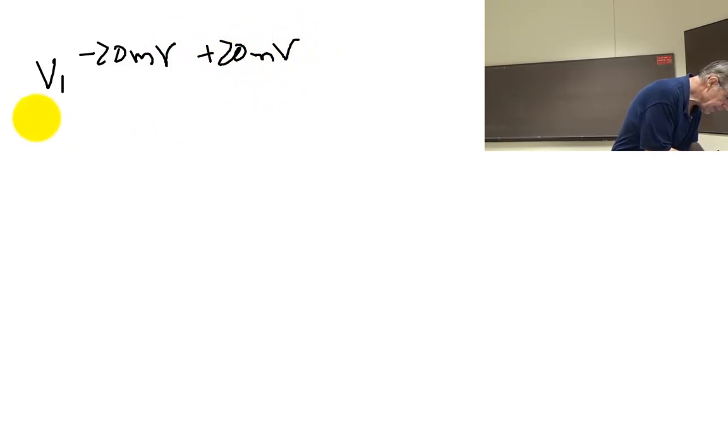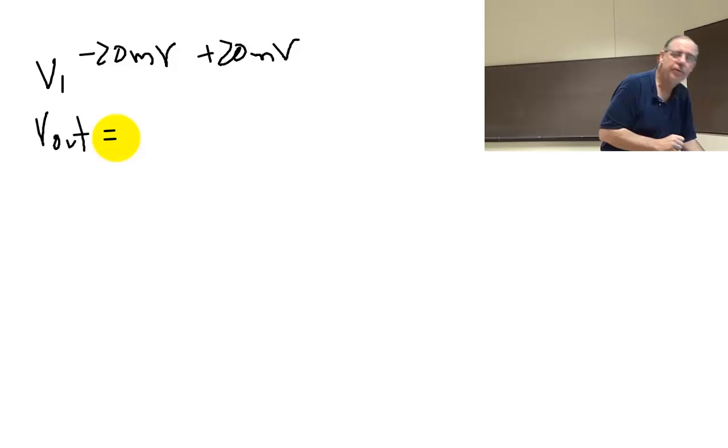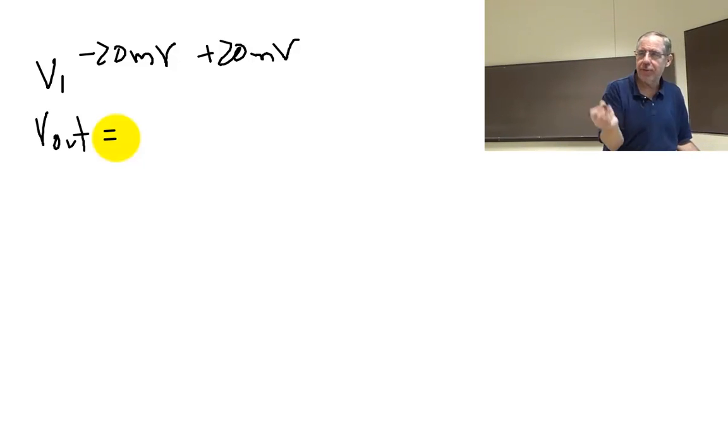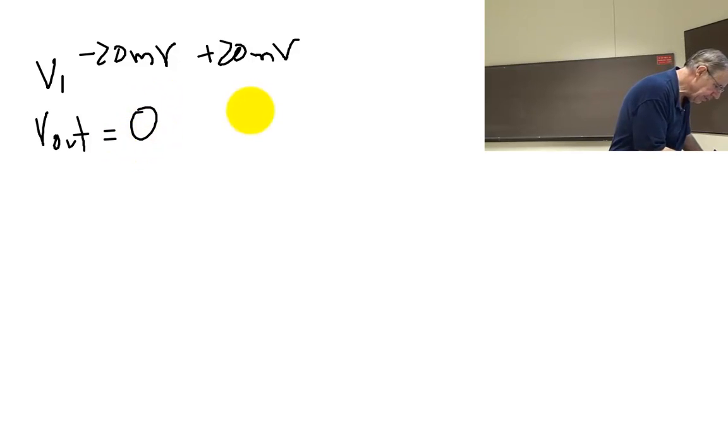Okay, so again, the problem is single-ended, and it goes from minus 20 millivolts to plus 20 millivolts. And I want to go to an output of what? It's my A to D converter, right? So in lab it's 0 to 3.3, but on the exam I want to go from 0 to 4 volts. You see that?